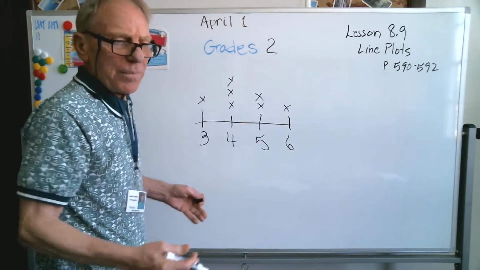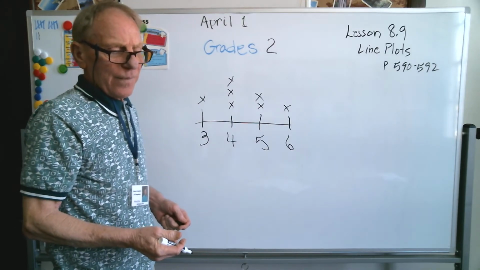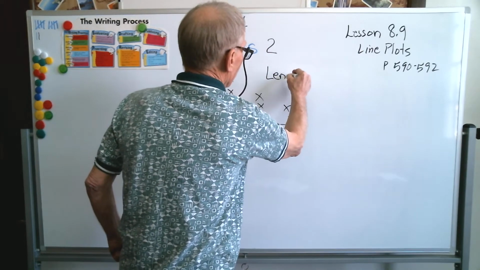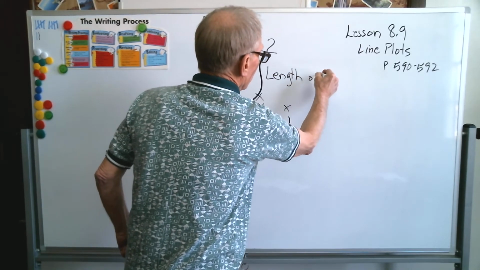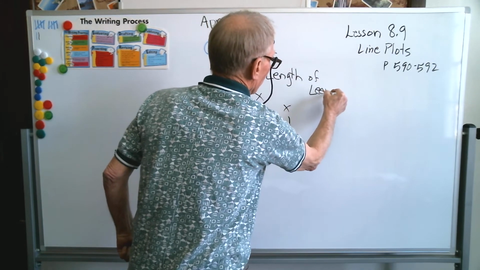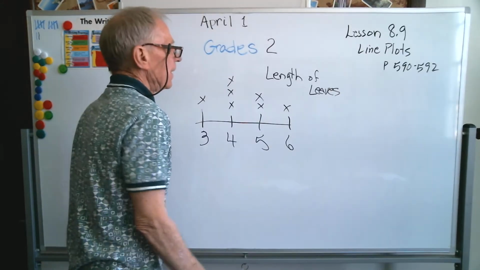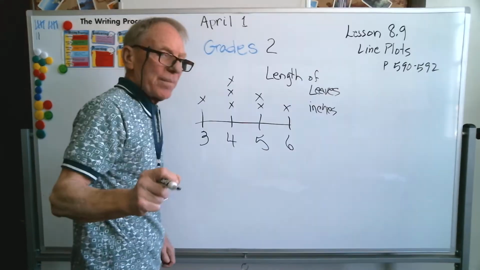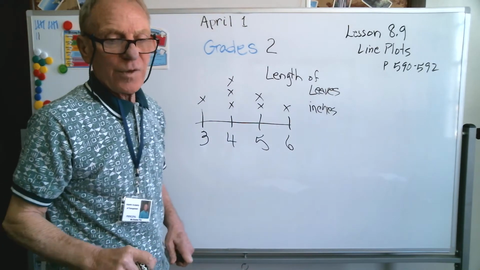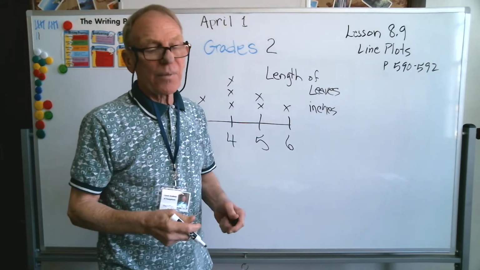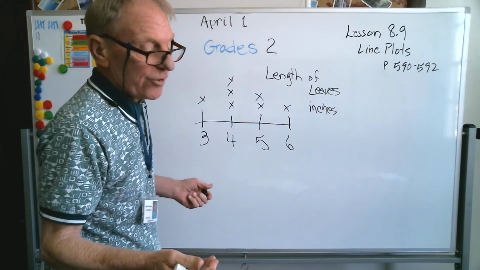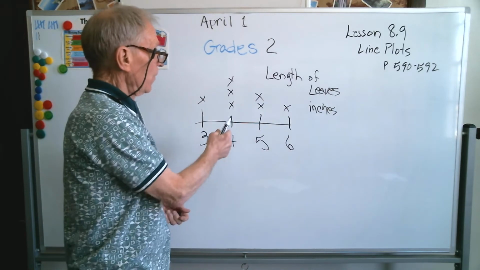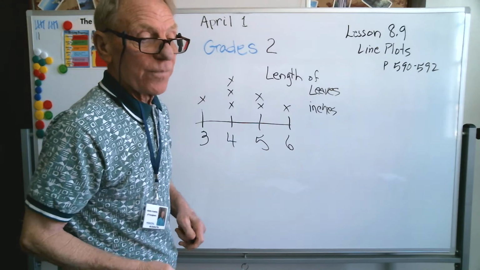And what that does is it builds a little diagram where they can look at it, and this is the length of leaves in inches. You always want to remember what unit of measure you're working with so that you can label things properly. So we measure the length in inches of these leaves, and we've got one that's 3 inches, 3 of them that are 4 inches, 2 that are 5 inches, and 1 that is 6.